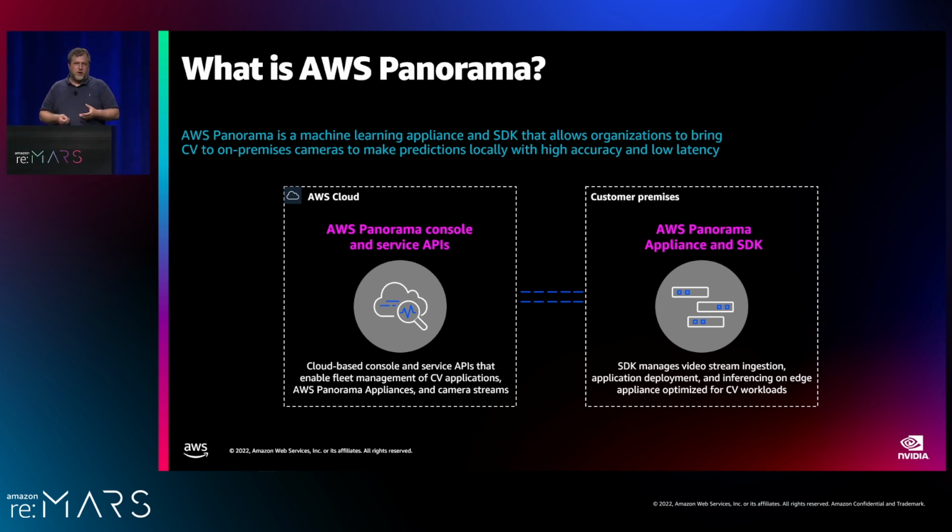So say you're in a situation where I need to monitor security of a premises or maybe a retail setting, and I want to be able to run my own models on those edge devices and applications, but maybe I don't necessarily trust where they're mounted, and I need those things as hardened and secure as possible. I can use a Panorama device to do that.